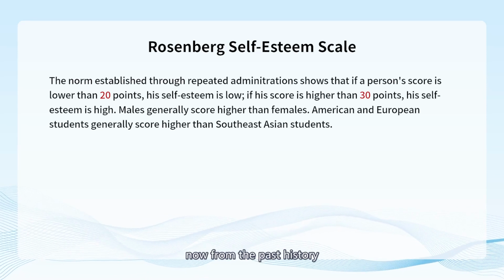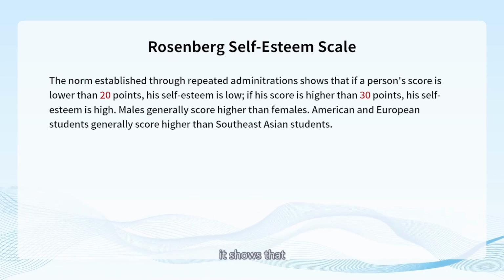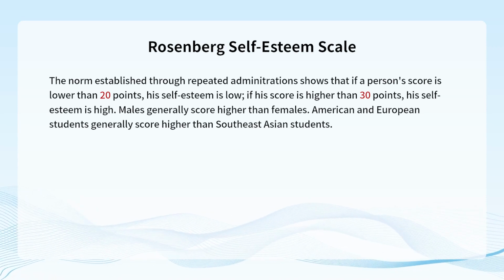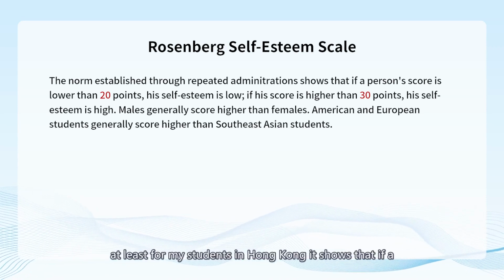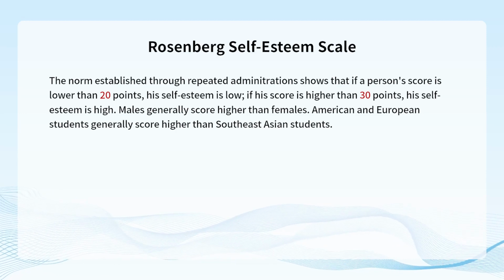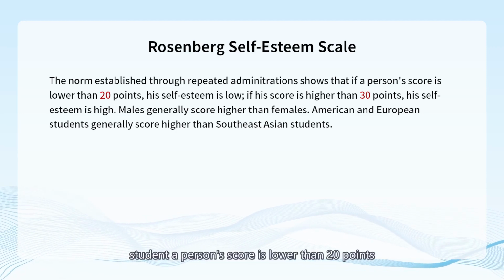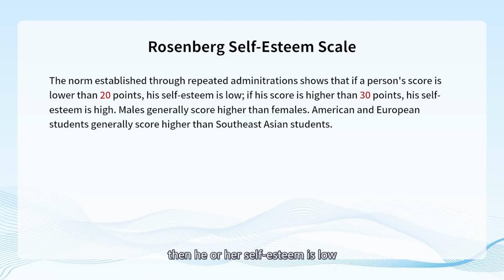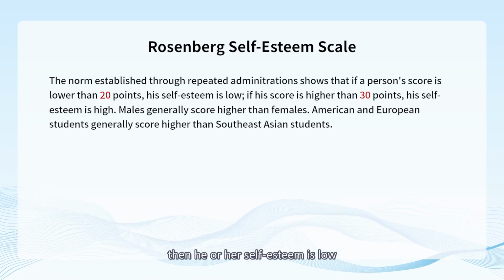From past history, the norm is ranked through repeated administrations, at least for my students in Hong Kong. If a student or person's score is lower than 20 points, then his or her self-esteem is low.